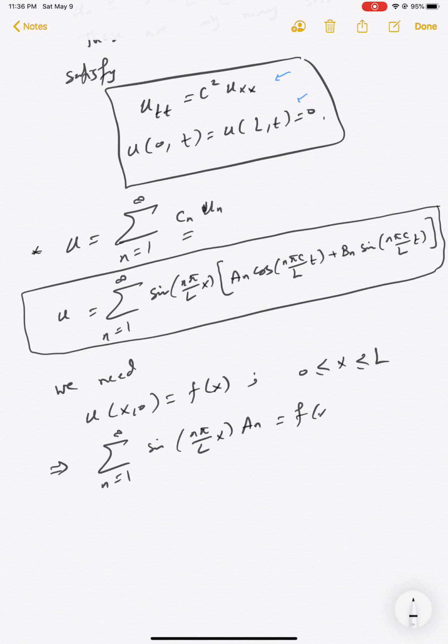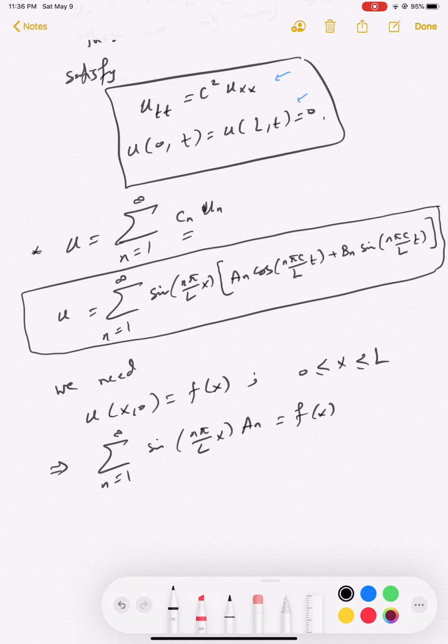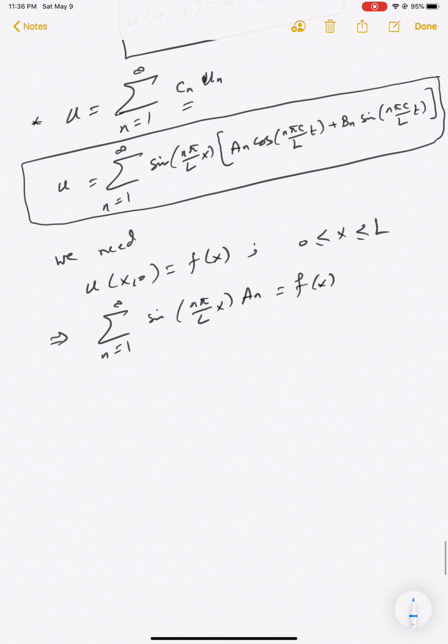This is equal to f(x), right? This is exactly what you get when you substitute t equals 0. Now, when you look at this last line, I'm sure it reminds you of the Fourier series of an odd function, right?